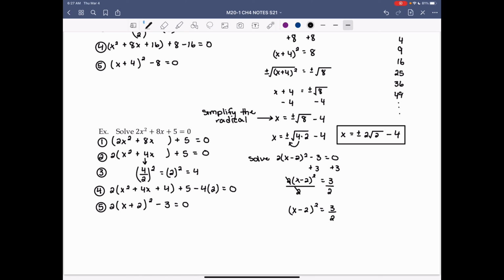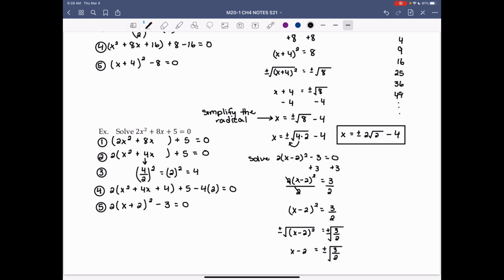Now we want to get rid of the square, so we have to square root. And again, we're going to do positive, negative square root of both sides. Then we get x plus 2 equals positive, negative square root of 3 over 2.